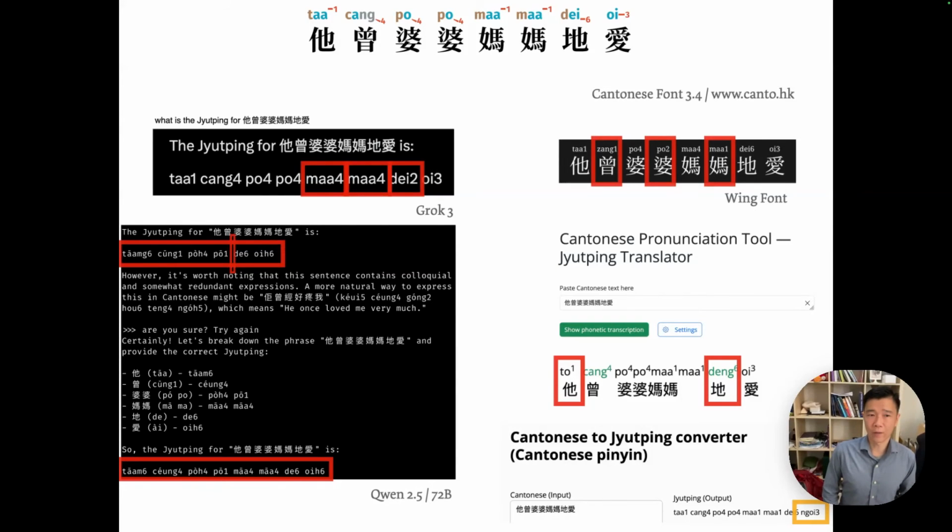You ask Grok, it says 他曾婆婆媽媽地愛. And if you go for Tianwen 2.5, even if it's 72B, it gives you something that kind of looks like a Yut Peng, but you can't really pronounce it. The Cantonese font, the last few years, what I've done is to make this G2P thing work.